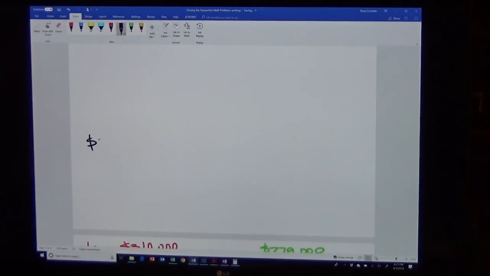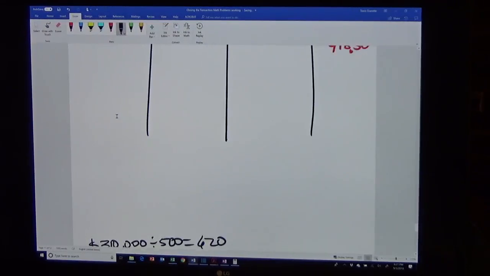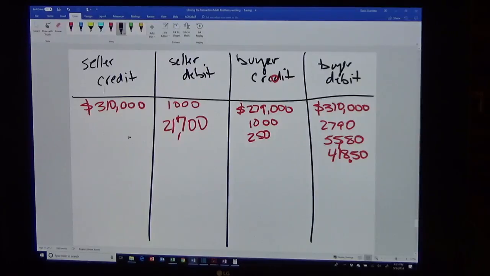We can do it right here. That equals excise taxes of $620, and that's also going to be a seller debit.